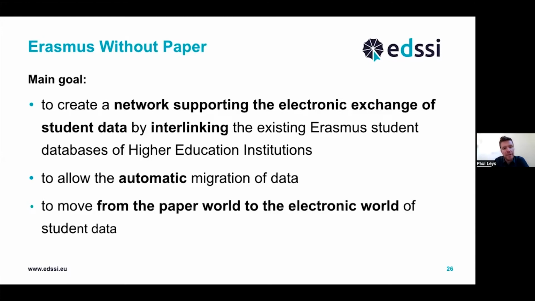And there we go. It would also allow automatic migration of data, for example, reporting towards the new beneficiary module. It's not the case yet, but with this principle of focusing on machine-readable data that can be exchanged between systems, that's of course the aim we have with such an initiative.